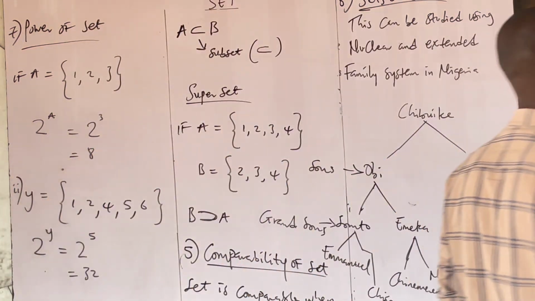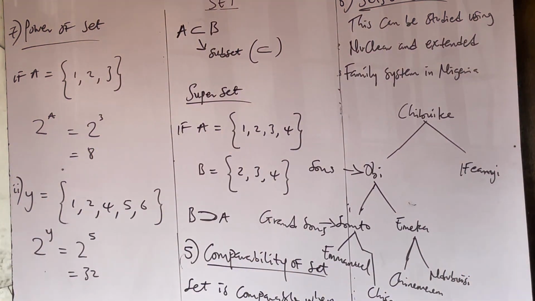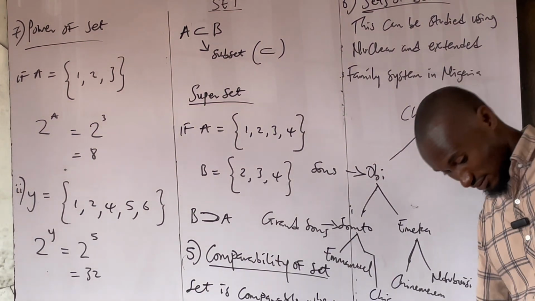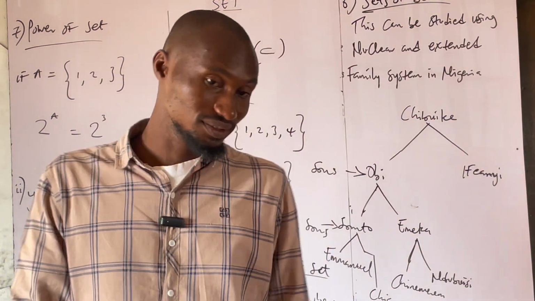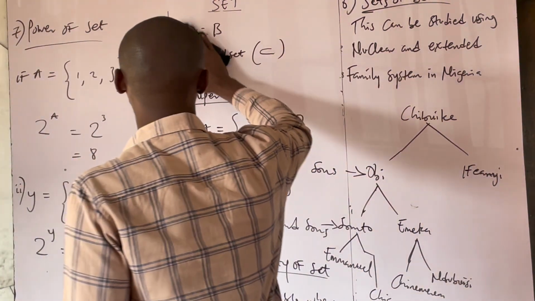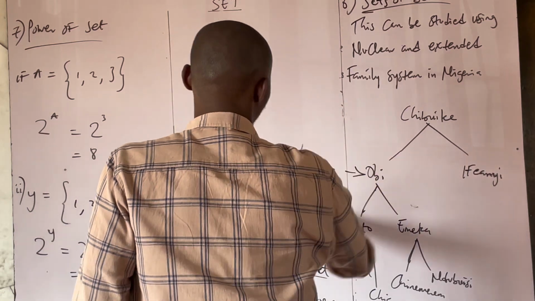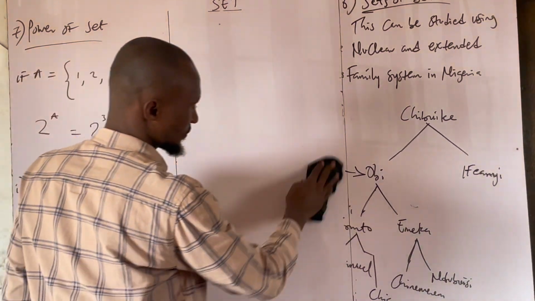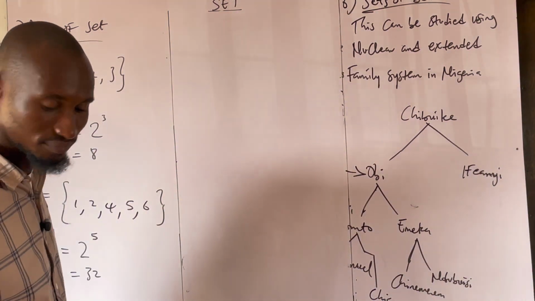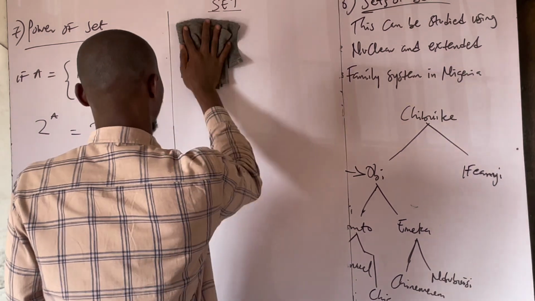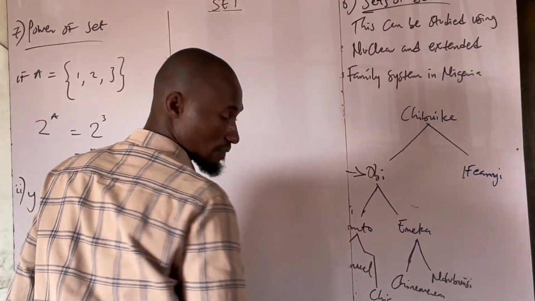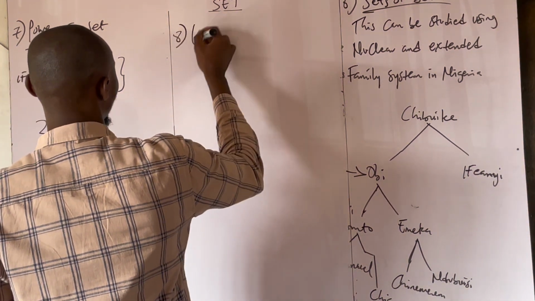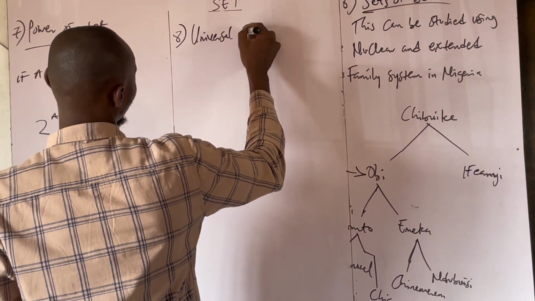Now, last but not the least is universal set. Number 8, we have universal set.